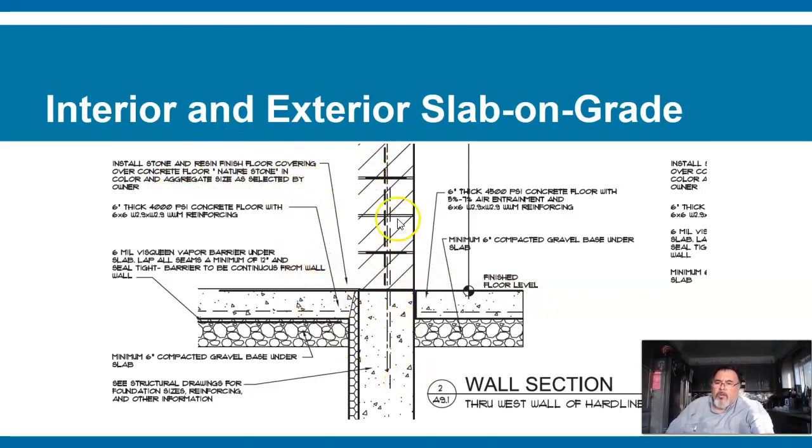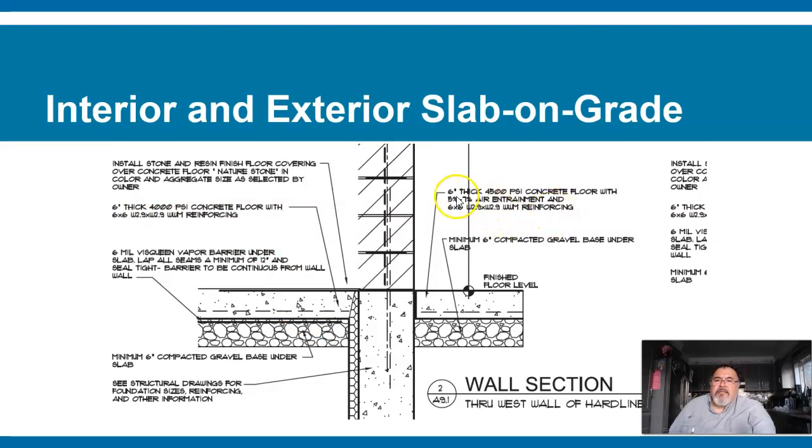Here's a wall. Structural drawings for foundation size. The steel. You can see the slab, 6-inch thick, 4,000 psi concrete floor with 6x6 W2.9 by W2.9. That's just saying this wire mesh.